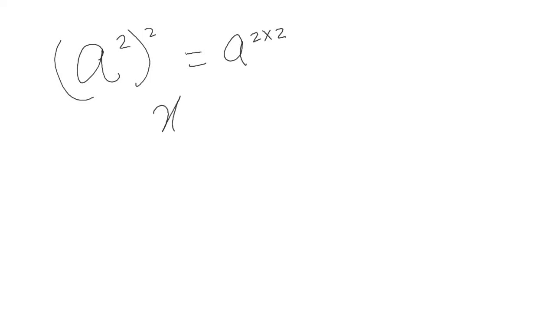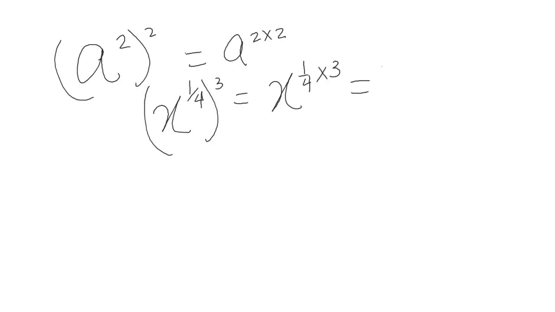If you have x to the 1/4 all cubed, that is the same thing as saying x to the 1/4 times 3, so what you end up with is x to the 3/4. That is an example of how things work.